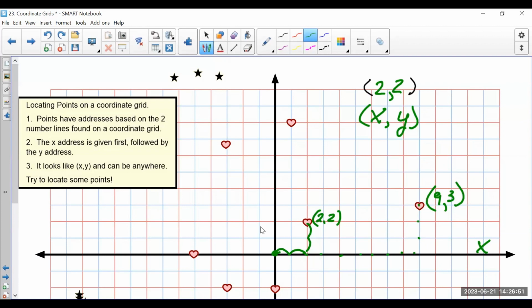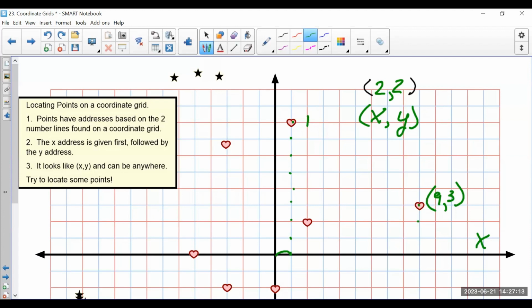What about this one? Well, we don't need to get rid of our x. We can leave that there. So we're starting at the origin point. We want to go 1 to the right. But now we've got to go up 1, 2, 3, 4, 5, 6, 7, 8.